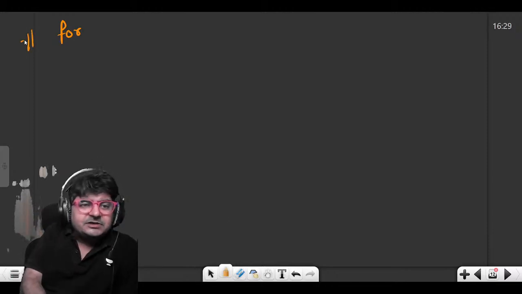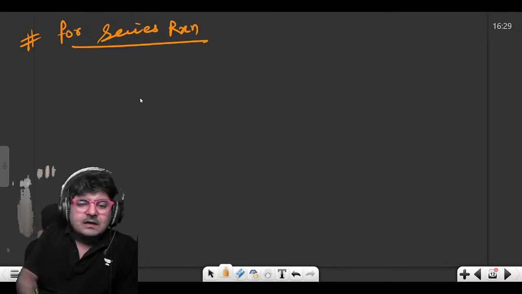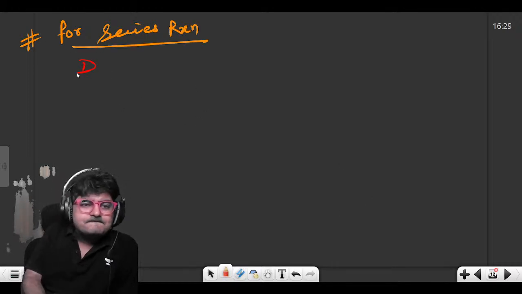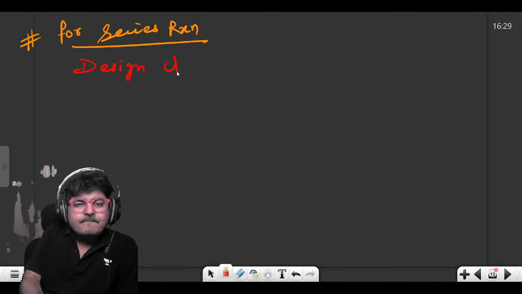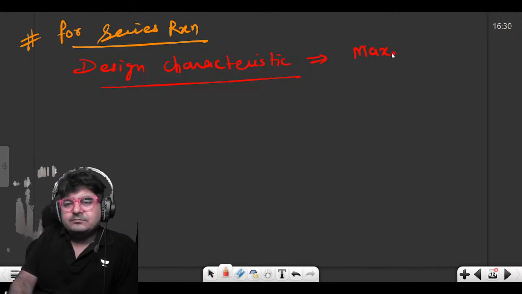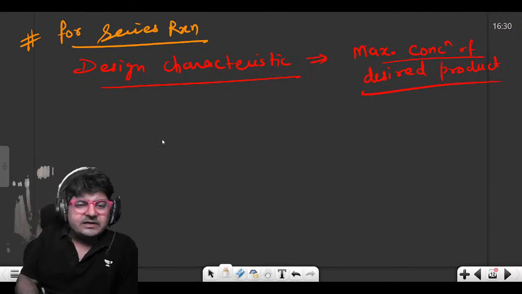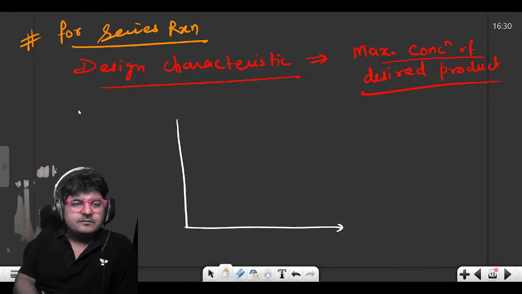So for series reactions, the design parameter is the maximum concentration of the desired product. Like if you look at the graph, the graph was this for the reaction.